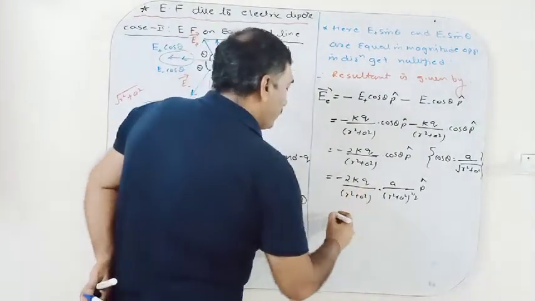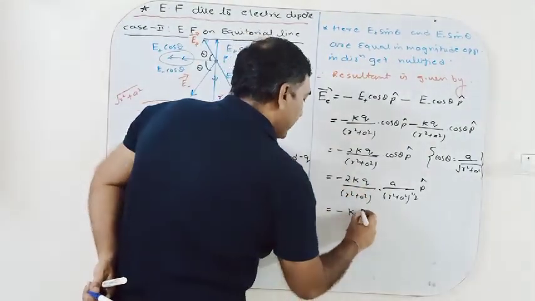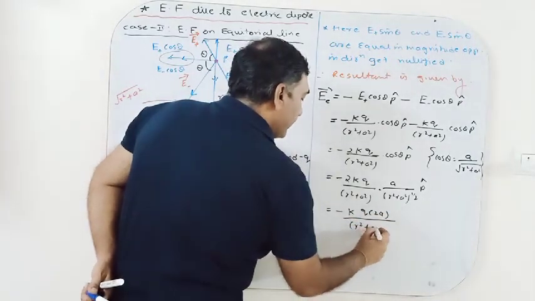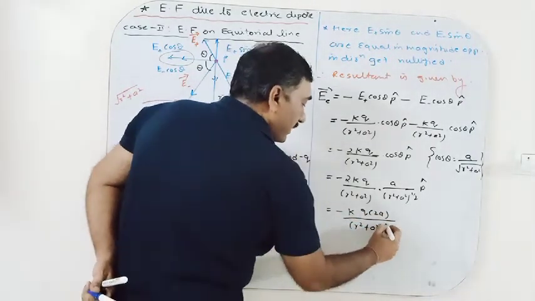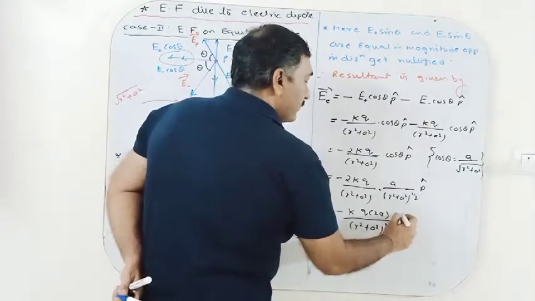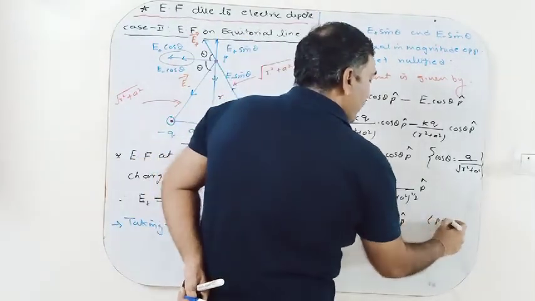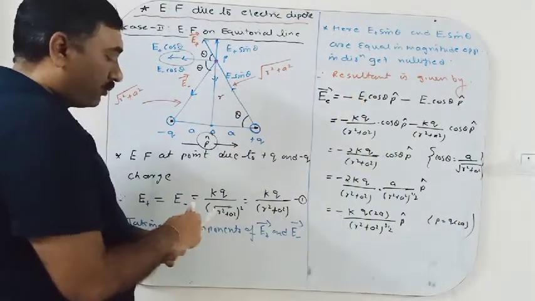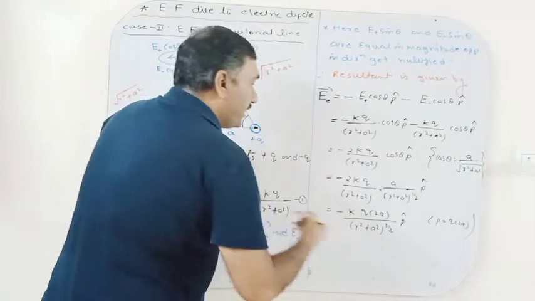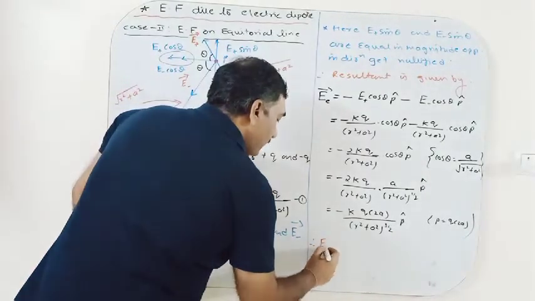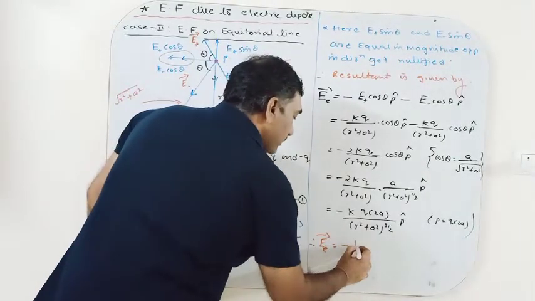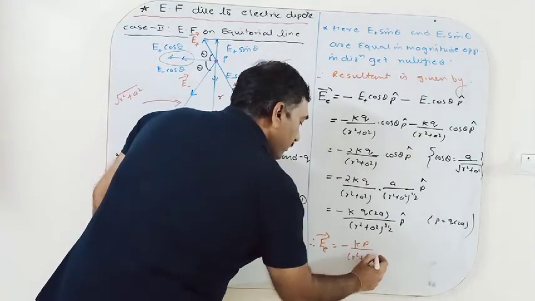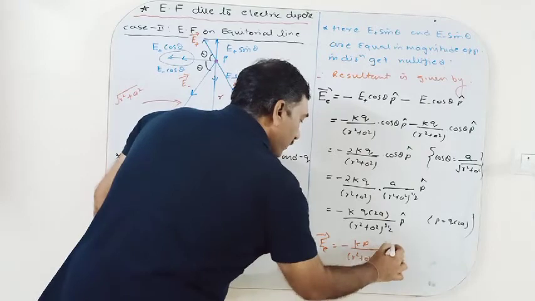So minus kq into 2a, and in the denominator we have r square plus a square raised to power 3 by 2 with p caret, and p is equal to q into 2a, that is the dipole moment. So the electric field at point P on the equatorial line becomes minus kp upon r square plus a square raised to power 3 by 2 with the direction of p caret.